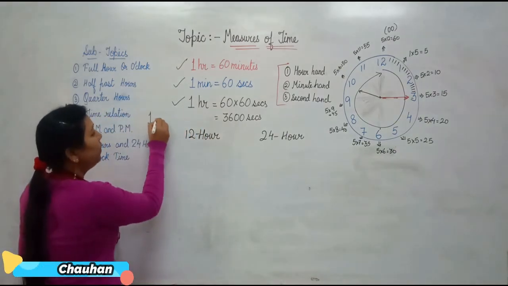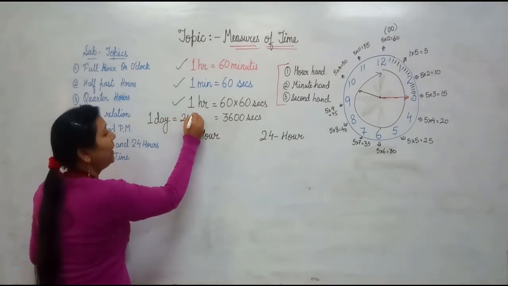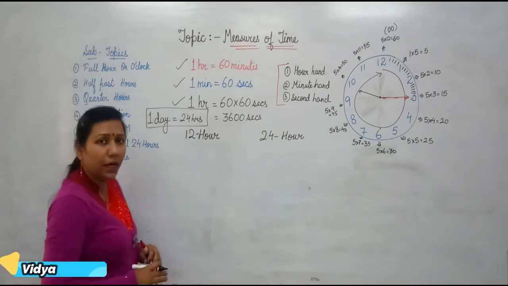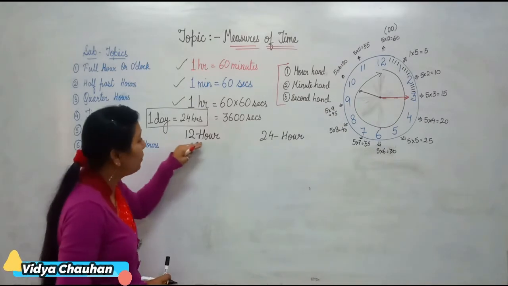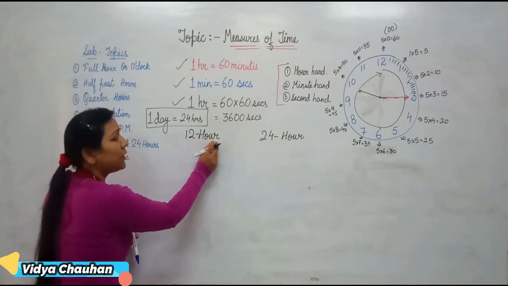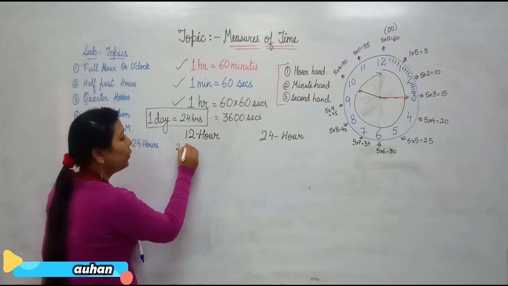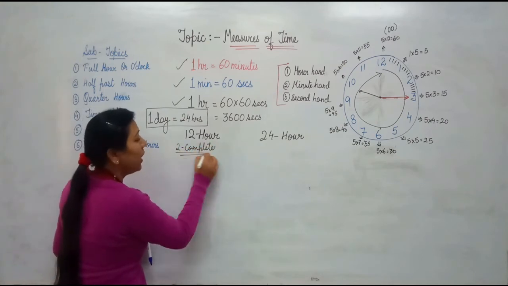Why are these two types of clocks there? Because in one day we have 24 hours. That means 24 hours in one day. So if we talk about the clock, 12 hours plus 12 hours means there will be 2 complete rounds of the hour hand.